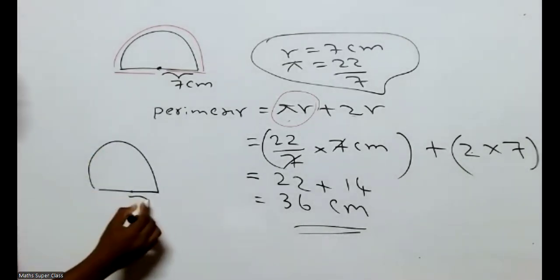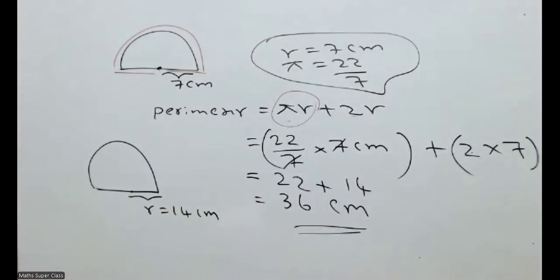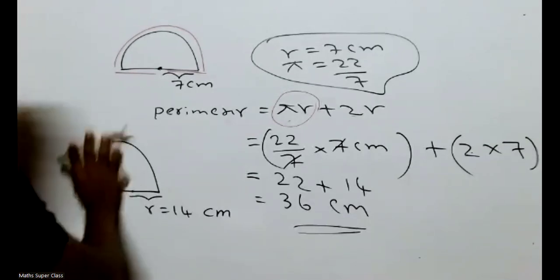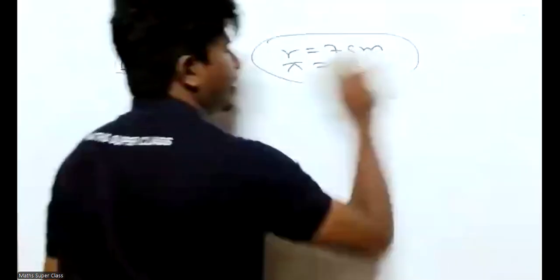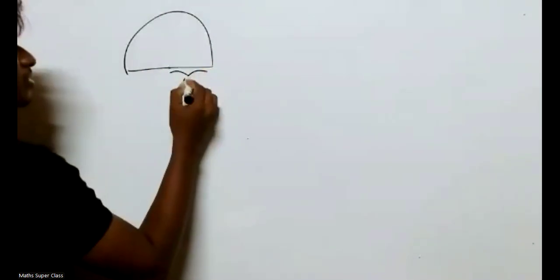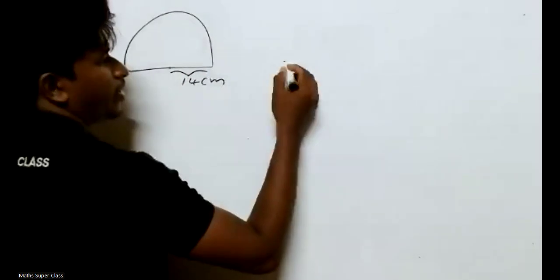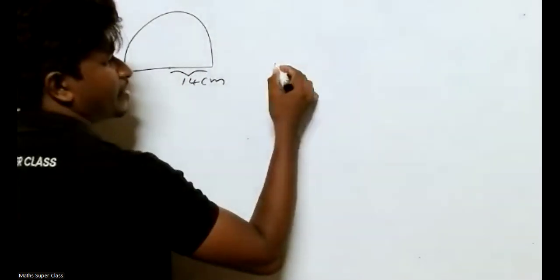So, try this one. This is your chance. r equals 14 centimeters. To find the perimeter of the semicircle, this is the semicircle, and this is 14 centimeters. So how to find the perimeter?